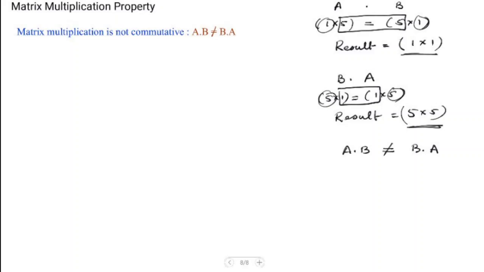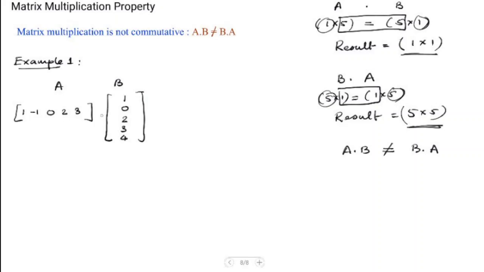Let's do this example with elements. So let's call this example 1, and let's say we have two matrices here, A and B, and A is a 1 times 5 matrix. So let's say the elements are 1, minus 1, 0, 2, 3, and the matrix B, the elements are 1, 0, 2, 3, 4.